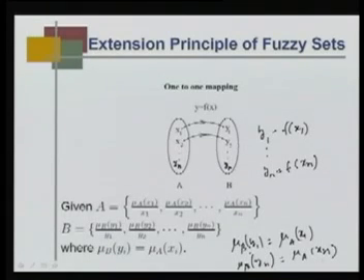So, this is how we compute the fuzzy set B from A, given the knowledge of fuzzy set A and the mapping from A to B. If we know it, we already know what the fuzzy set B should be.